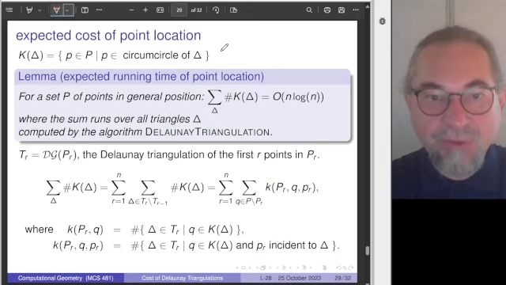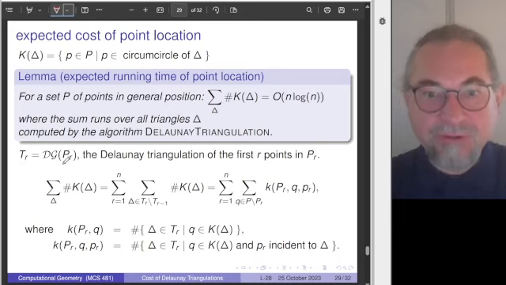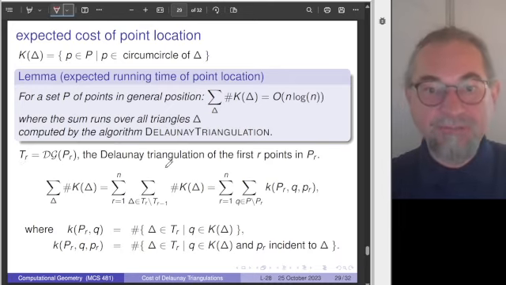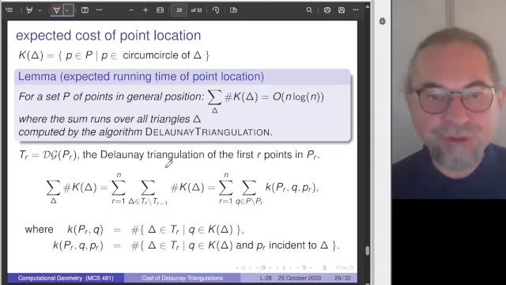So let's see what we're looking at. We're looking at the set of all points that will be visited. We sum this over all triangles. So here is what we are trying to sum. We think of the Delaunay graph. In some sense, the Delaunay graph can be identified by the Delaunay triangulation. Think of a point set in general position.